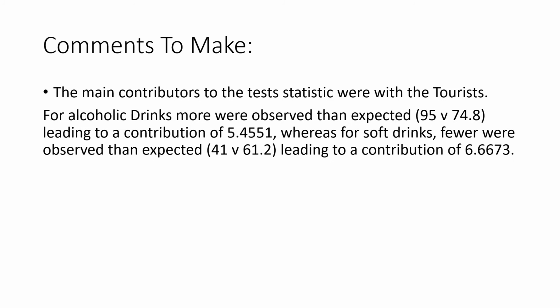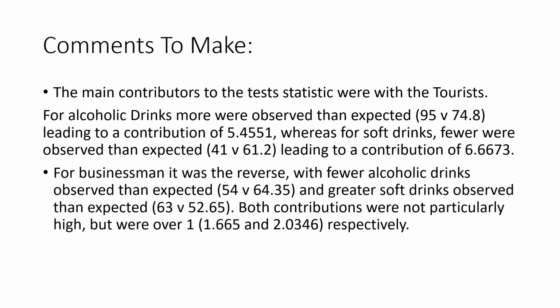So for me, this is a typical explanation. The main contributors to the test statistic were with the tourists, and they had more alcoholic drinks observed than were expected. So we expected 74.8 but observed 95, and that led to a contribution of 5.4551. Whereas for soft drinks, fewer were observed than expected, and I've explained the contribution.